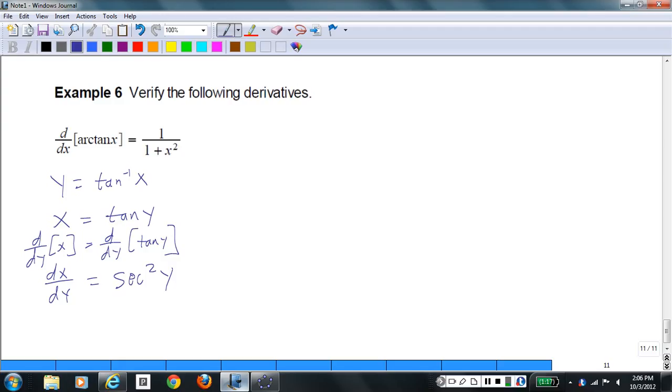What we need is dy dx. It would seem to make sense just to call that cosine squared y since I'm taking the reciprocal, but I'm going to call it 1 over secant squared y.